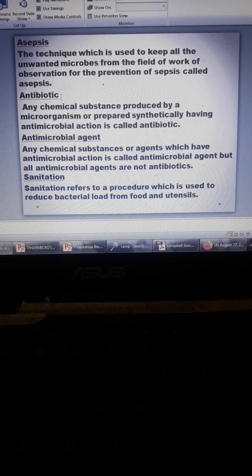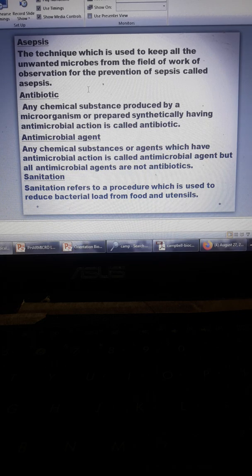Asepsis is a technique used to keep all unwanted microbes from the field of work. The prevention of sepsis is called asepsis or aseptic technique. It is usually applied in microbiology. That is very important, especially in the preparation of culture medium, to prevent cross contamination.